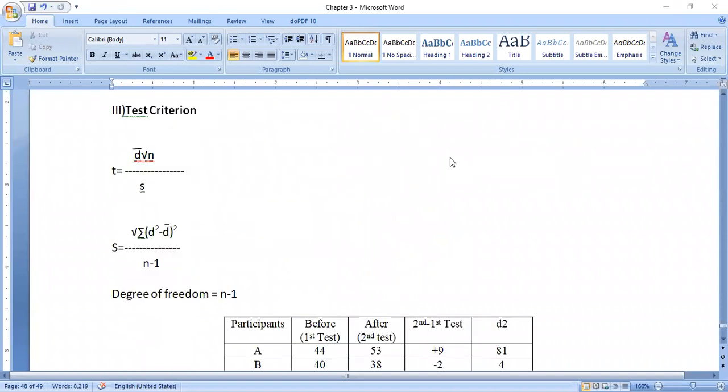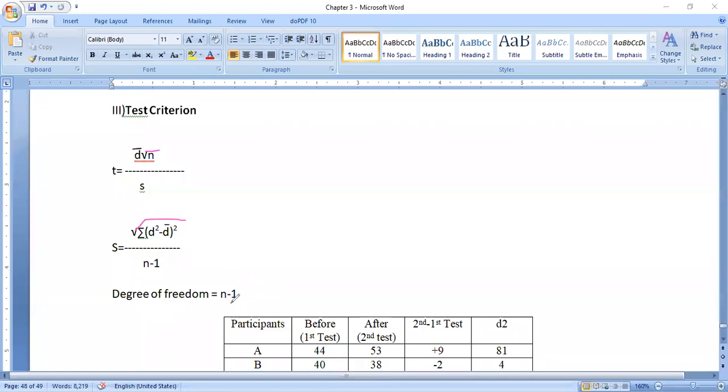In test criterion, what we are going to do, simply we will write the formulas. T is equal to D bar into under root n divided by S. This is the formula. Then S is equal to under root of sigma D square minus D bar whole square divided by n minus 1.